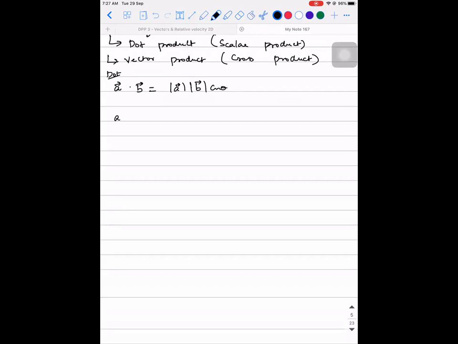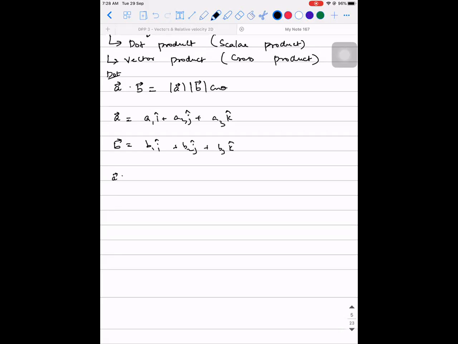Next, suppose there are two vectors given like this: A vector is equal to A1 i cap plus A2 j cap plus A3 k cap, and B vector is equal to B1 i cap plus B2 j cap plus B3 k cap.